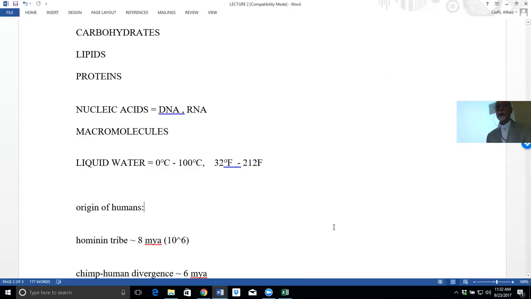That's the range that we need. Sorry, 37. Yeah, 37, right. 37 degrees centigrade is body temperature, which is pretty warm. Imagine what the body does. Out here, it's 75. Inside, it's 97.